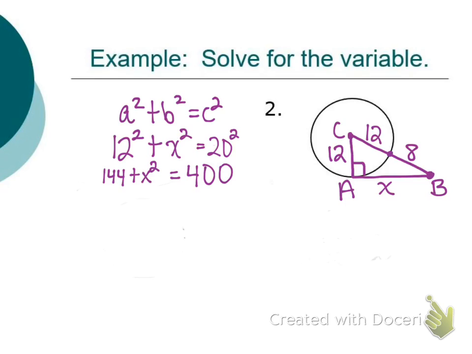To get x alone, I need to subtract the 144. So x squared equals 256. Last step is to square root: x equals 16.